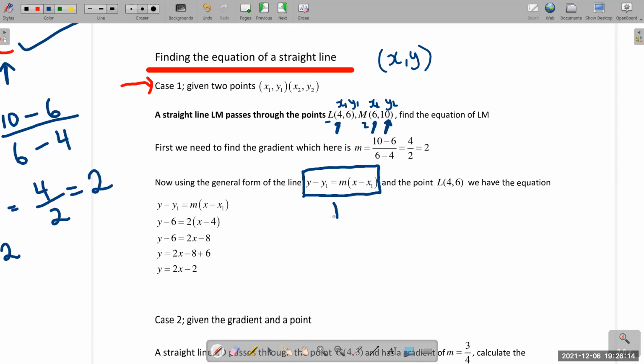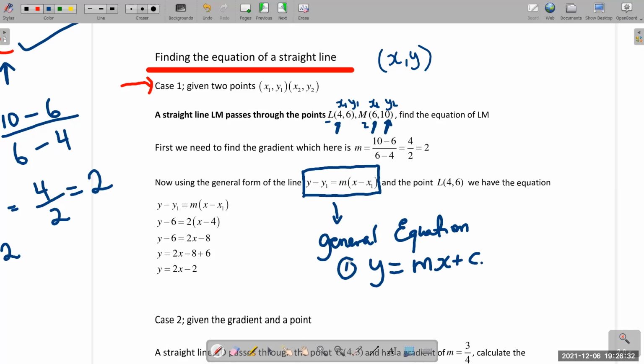This is the second version of the general equation of a straight line. You have to memorize this as well. But you see, you're going to know when to use one or the other. So it's both of them. The first one, this is the one that we use the most. Y is equal to mx plus c. So this is the first one. And the second one is this one.